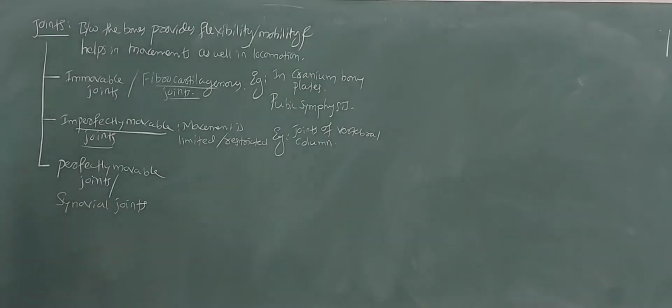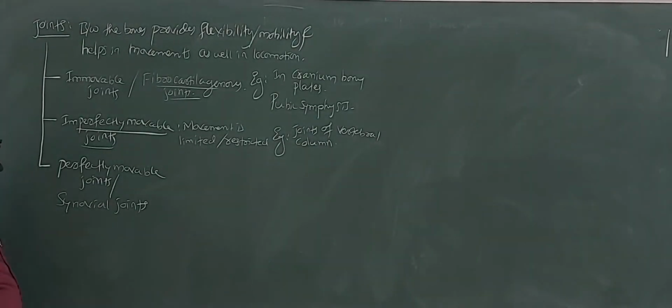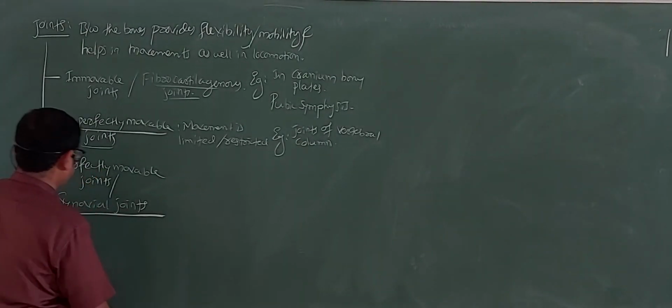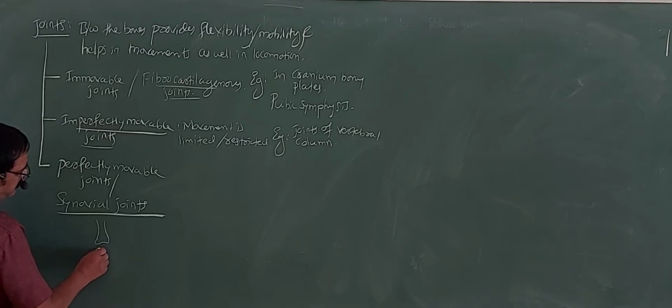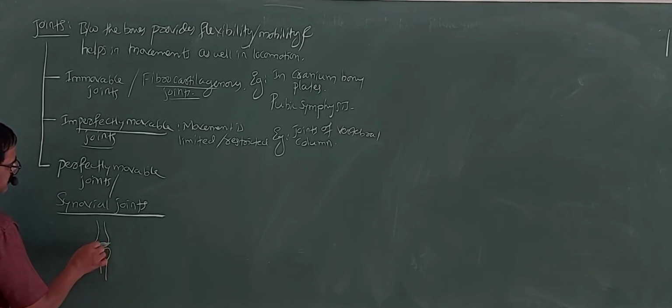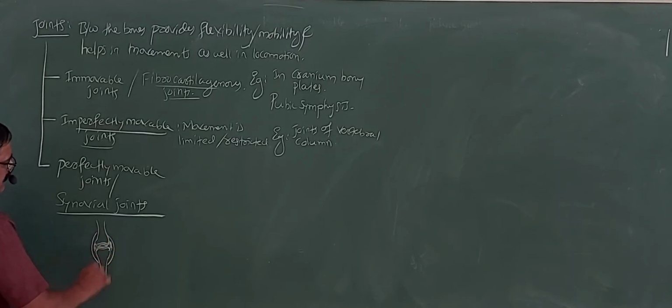Now, perfectly movable joints are synovial joints. Let me tell you what the synovial joint comprises. We find bone to bone joints, but in between, a cartilaginous tissue, a cartilaginous cap, is present, and a fluid is also accumulated. Above that, ligaments are there to join these bones.